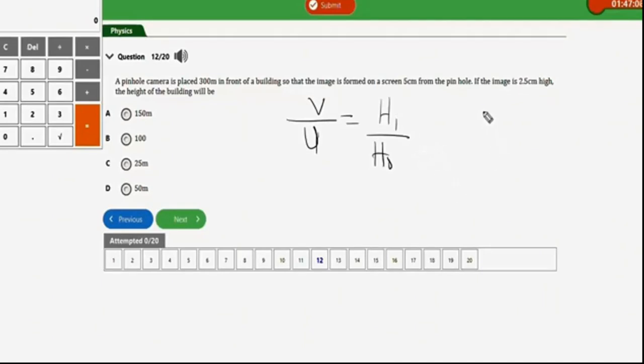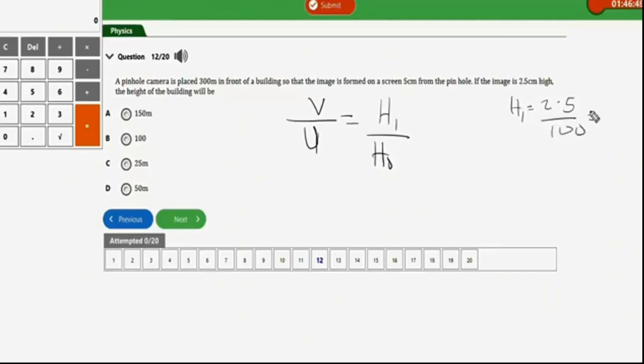So you convert this 2.5 cm to meter and also this 5 cm to meter. In this question, we are looking for object height, and the image height is 2.5 over 100.